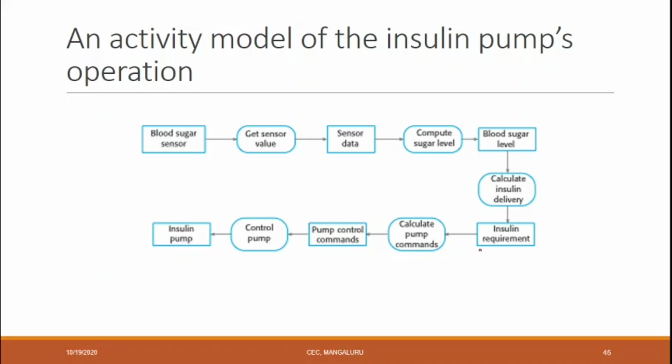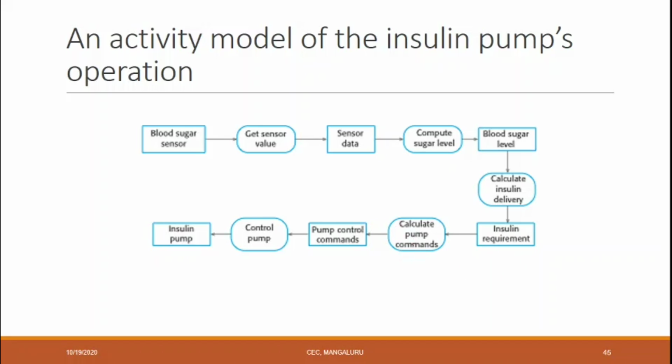As per the insulin requirement calculated, it calculates the pump command whether to inject or not, and if it is injected, whether it has the correct data as per the requirement of the patient.